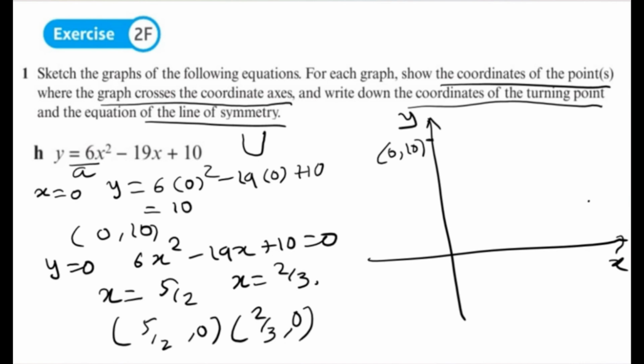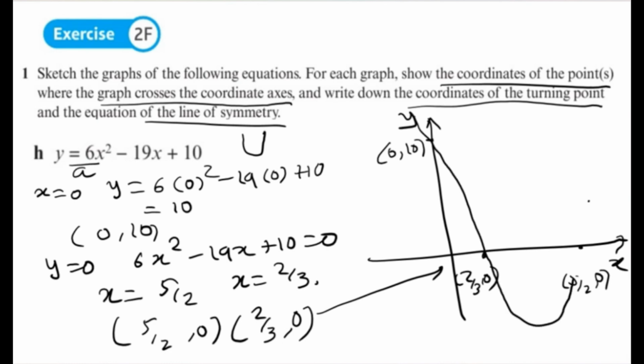And the two other points that I am getting are this point, (2/3, 0), and this point, (5/2, 0). Now try to make a shape. So our graph starts like this.